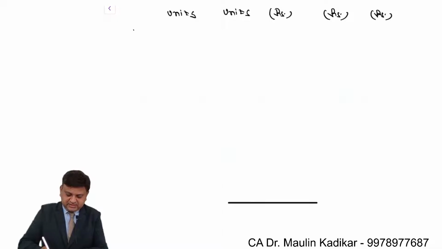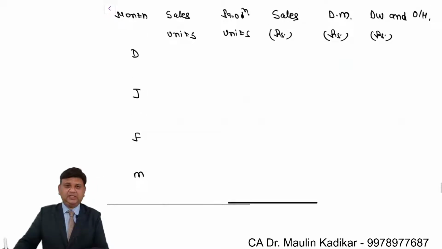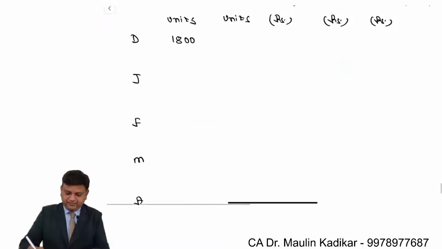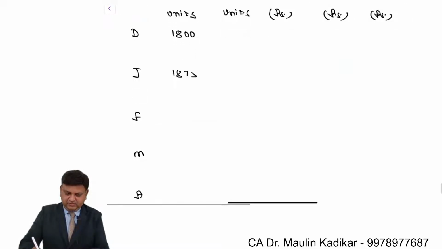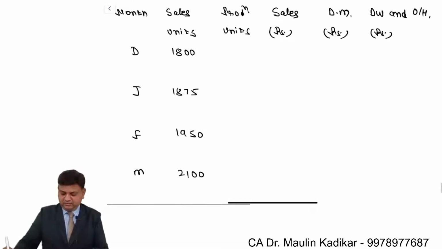In that it is December, January, February, March and April. Again the sales units have been given to us. It is 1800, it is 1875, then it is 1950, then it is 2100, then it is 2250.